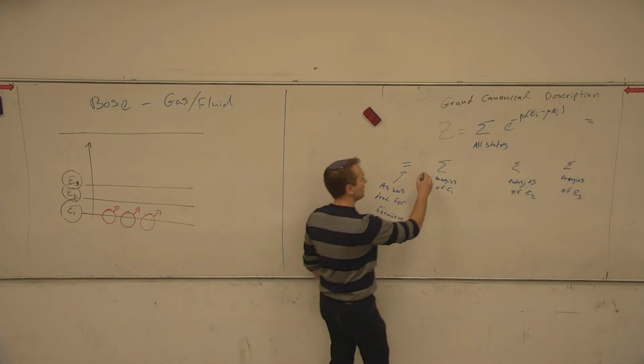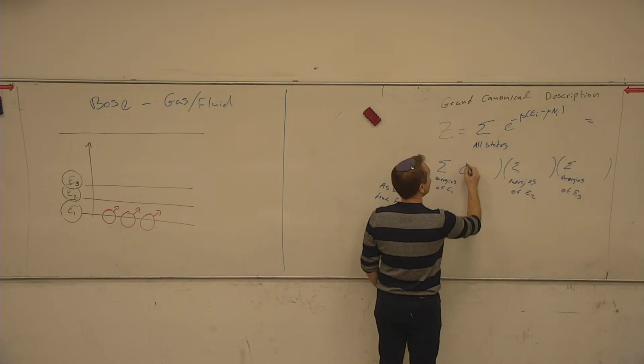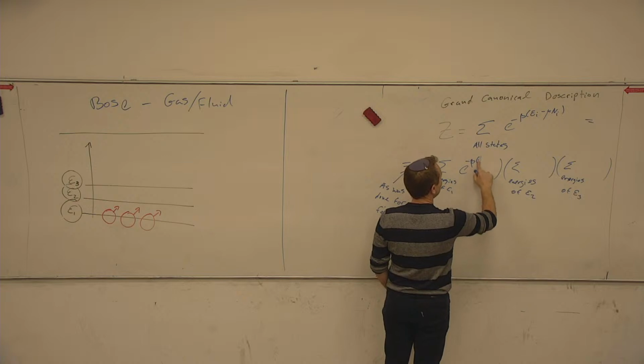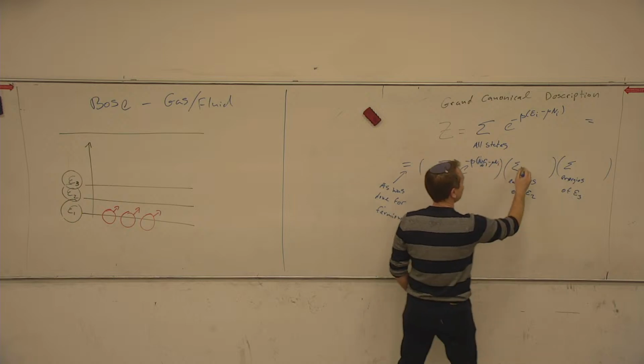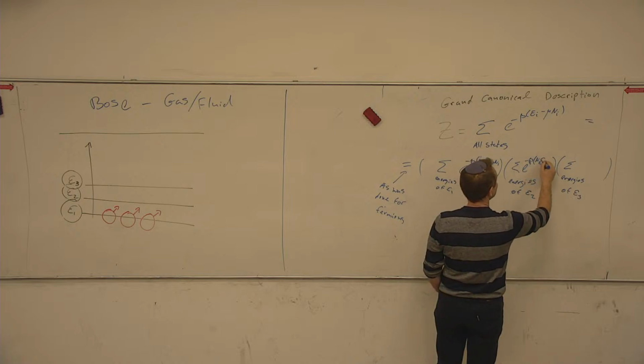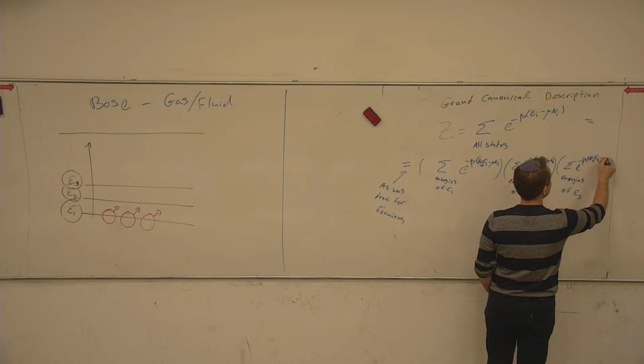And here I will have e to the power minus beta n1 epsilon 1 minus mu n1. Here I have e to the minus beta n2 epsilon 2 minus mu n2. Here I have e to the minus beta n3 epsilon 3 minus mu n3.